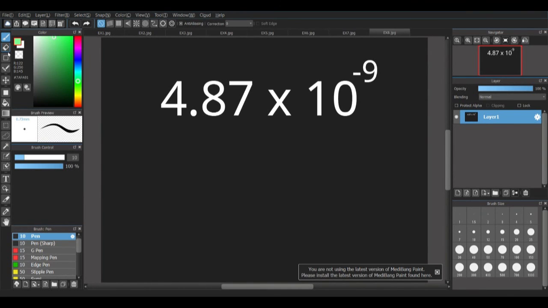For our last example, we're going to try 4.87 times 10 to the negative 9th. Once again, we have a negative exponent, so we're going to move our decimal to the left. And in this case, we're going to move it 9 times. So 1, 2, 3, 4, 5, 6, 7, 8, 9.